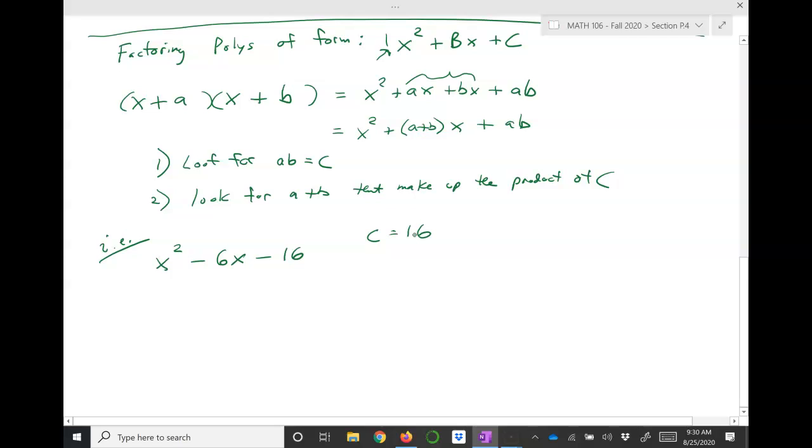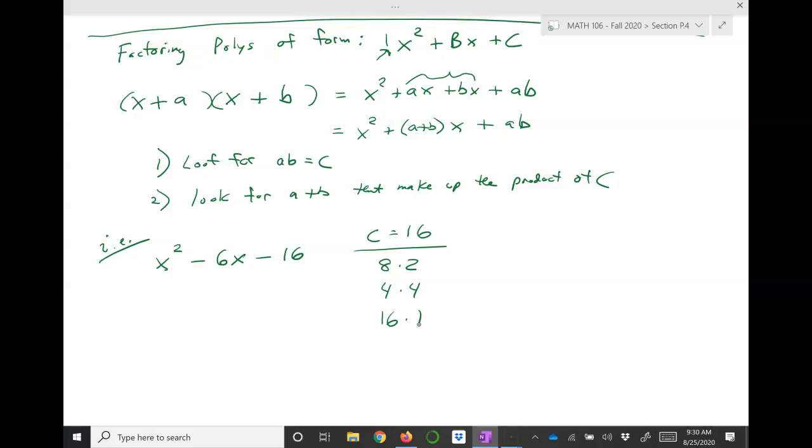These lowercase a and b are just two integers that when multiplied together give you 16. So give me some examples. 8 and 2. All right, 8 times 2. What else? 4 times 4. I think there's one more, right? Isn't 16 times 1 also a possibility? Okay. So basically you're factoring the integer 16, or whatever number c happens to be.